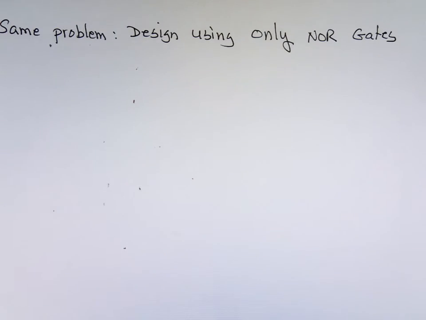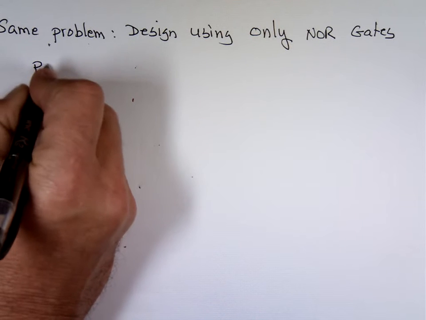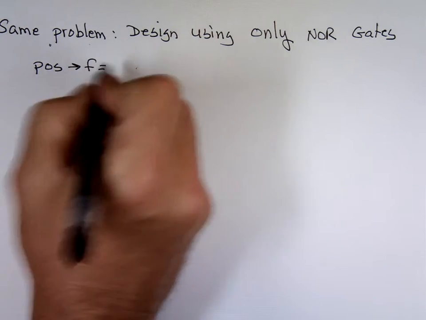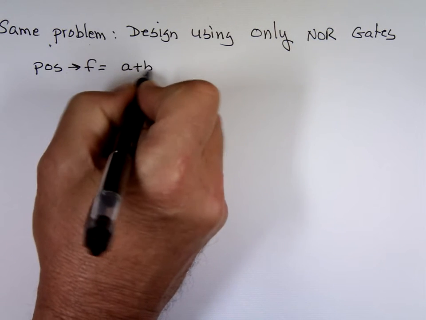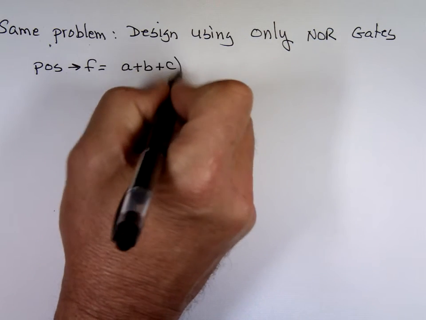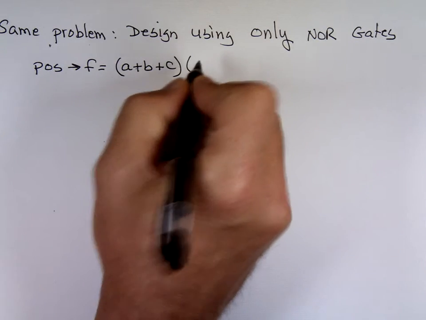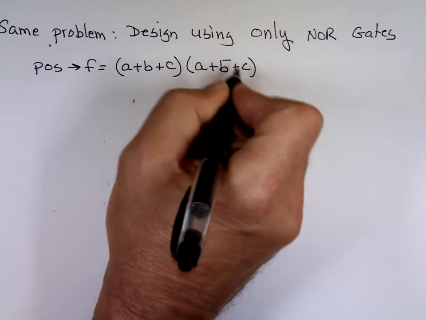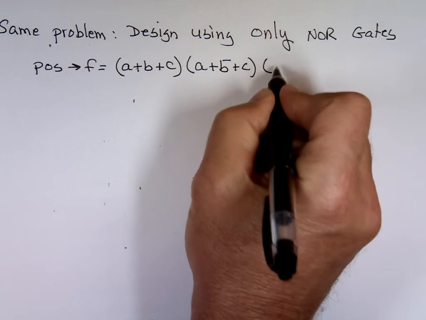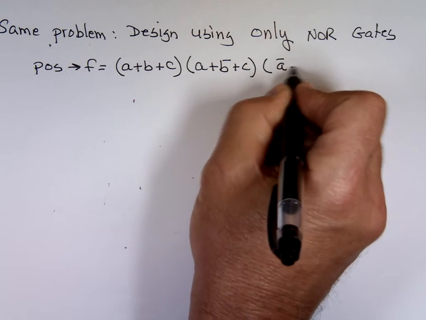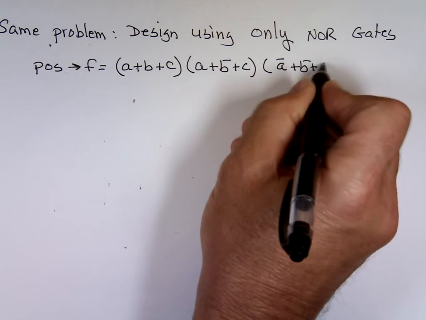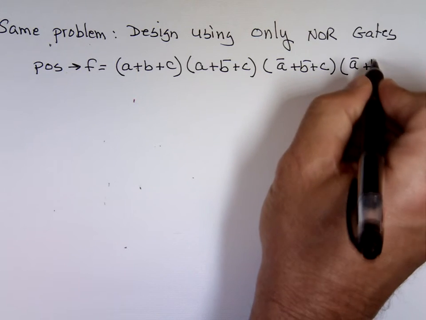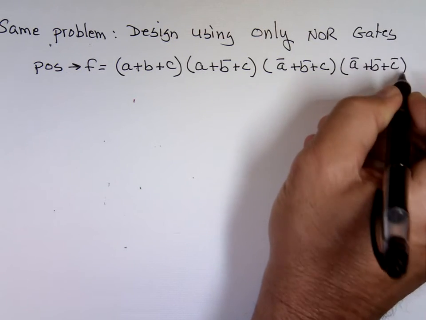Product of sum for the same problem was F equals A plus B plus C, A plus B bar plus C, A bar plus B bar plus C, A bar plus B bar plus C bar. That's right here. That's where the function is 0.